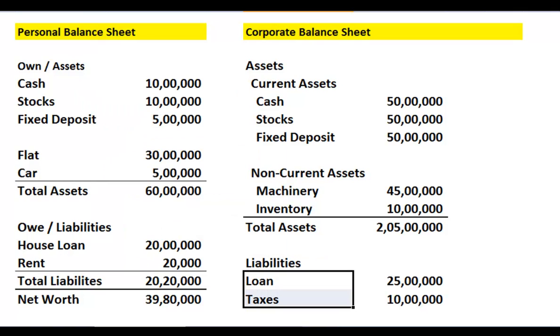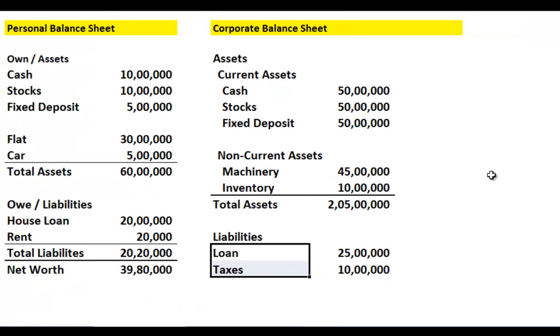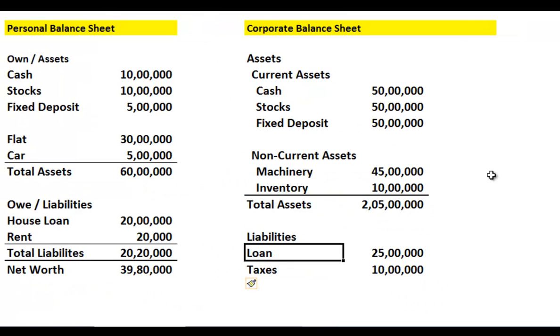Okay, and even within liabilities you have the concept of current liabilities and non-current liabilities. How do you decide what is a current liability and what's a non-current liability? For example, you take this loan. Even though your entire loan amount is 25 lakhs, you probably don't owe the entire 25 lakhs this quarter or this year, right?